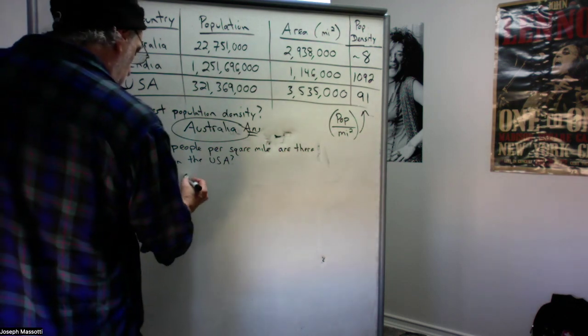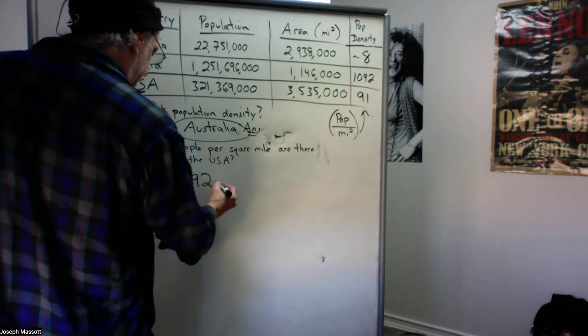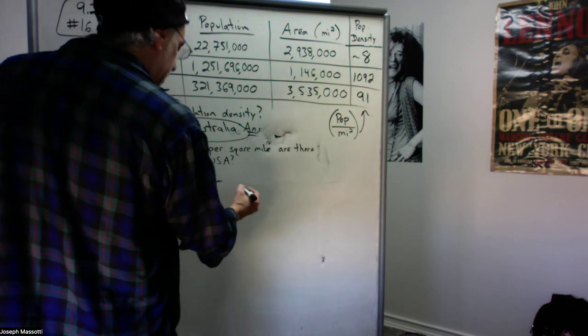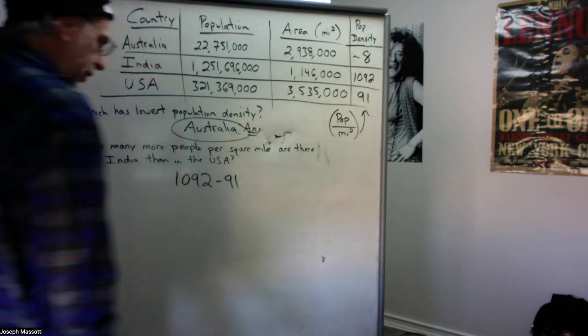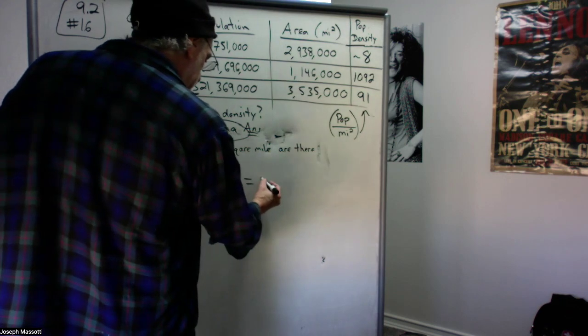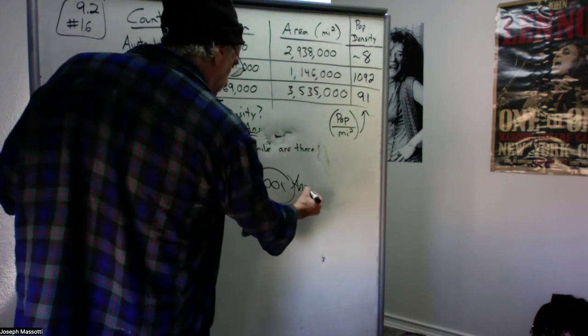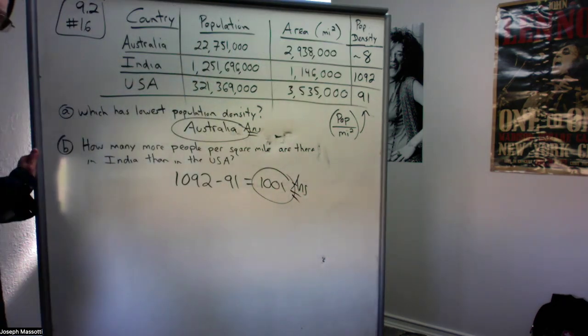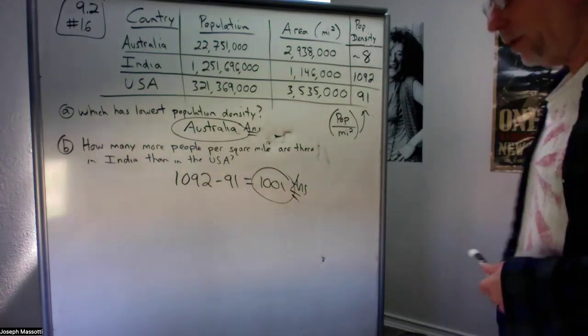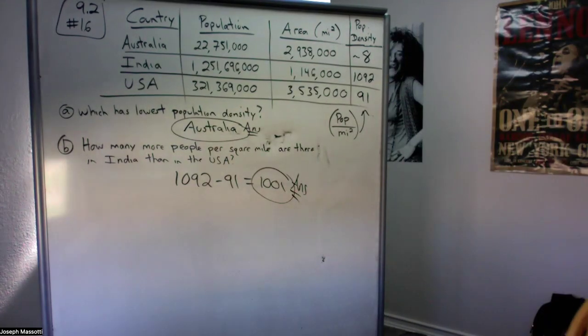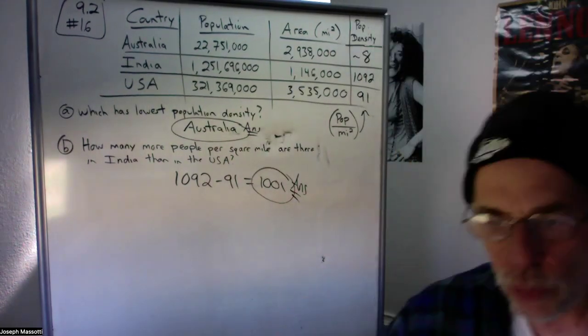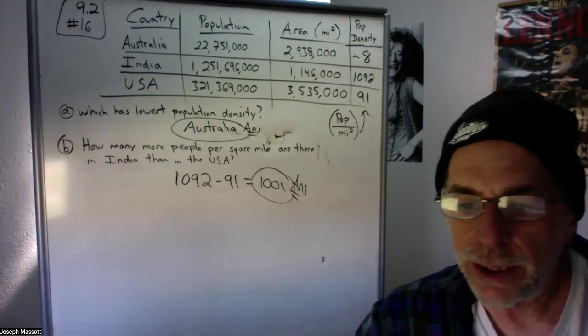Well, we're just taking the difference between the India population density and the US population density. And it looks like around 1,000 more people per square mile in India than there is in the US. All right, so that is ratios and proportions, section 9.2.